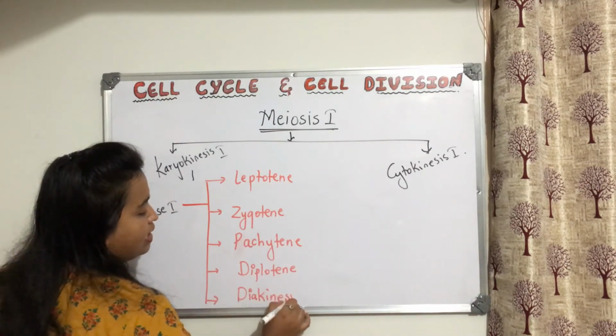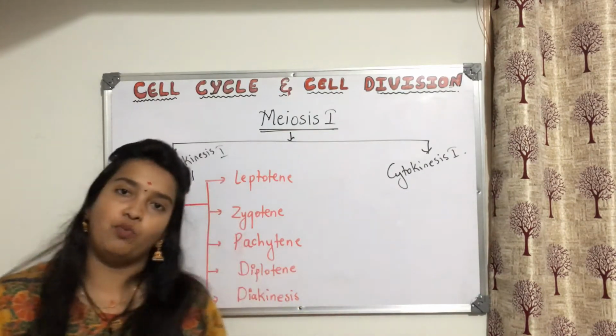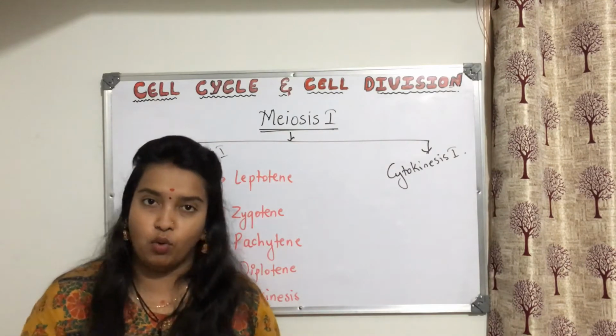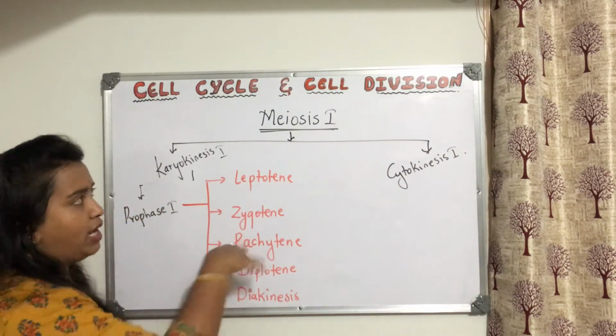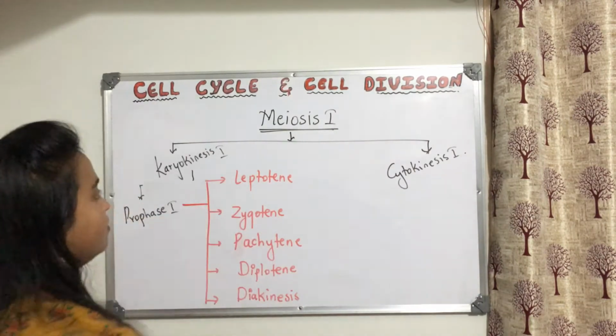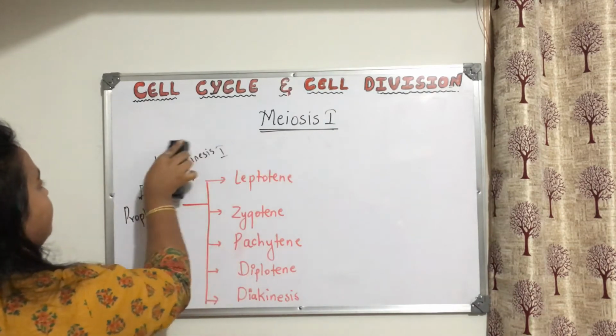Once all these are done, then only cytokinesis 1 will happen, and then meiosis 1 is over. We'll start in detail about meiosis 1.